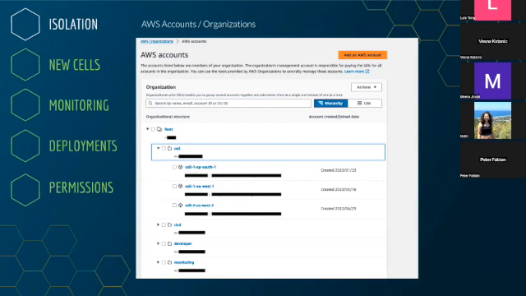The mechanism that I've had the most success with for achieving isolation for a cell is an AWS account. This is a pretty common thing that people do inside of AWS, but it's also worked well for us at Momento outside of AWS. If you haven't done this before, it can be daunting at first.